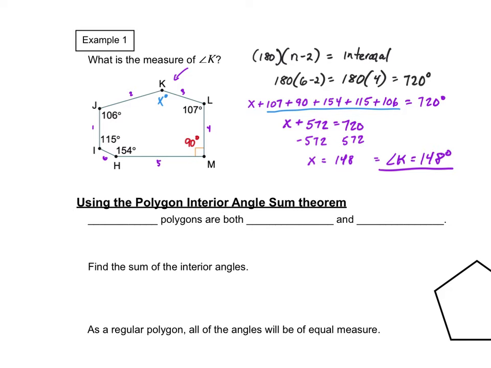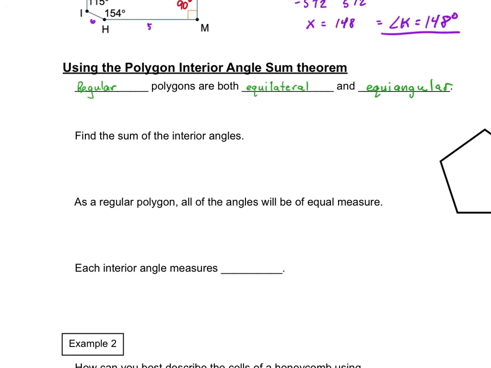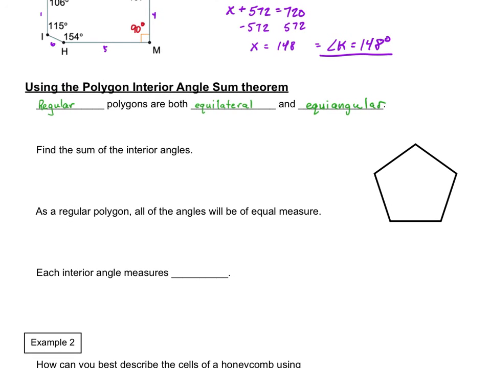Now with using the internal angle sum theorem, we're going to start talking about regular polygons. Regular polygons are both equilateral and equal angular, which means that my sides are all congruent, okay?